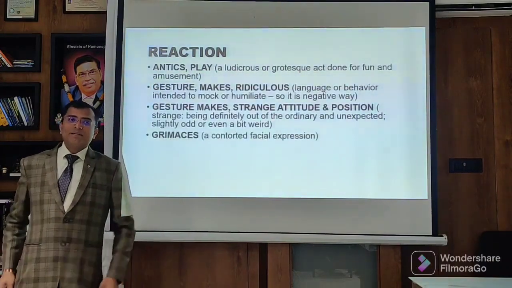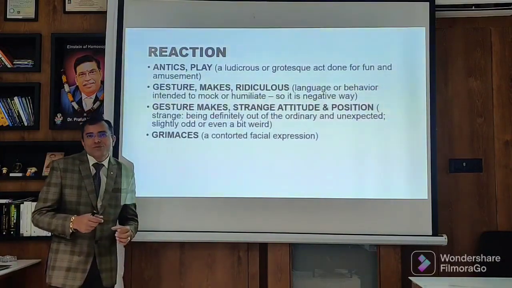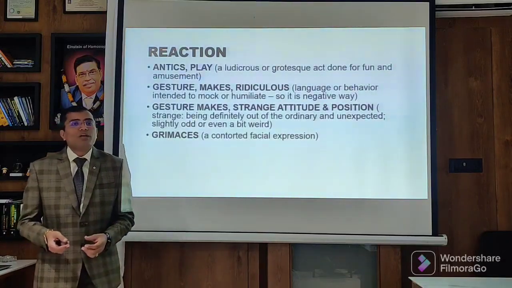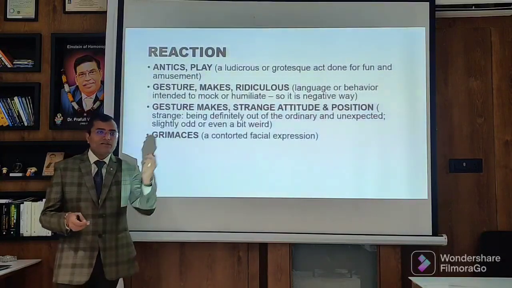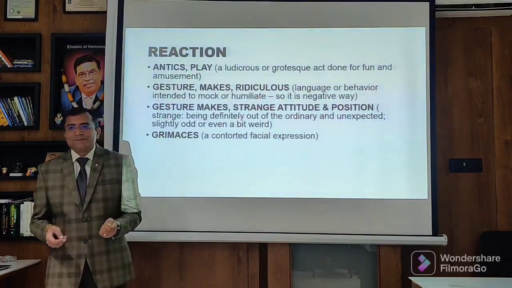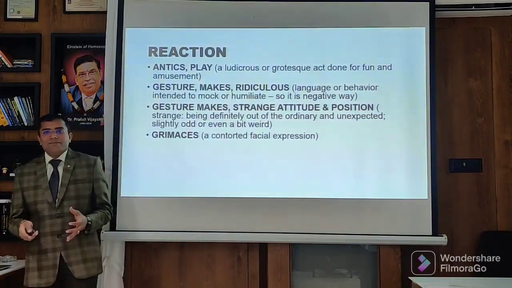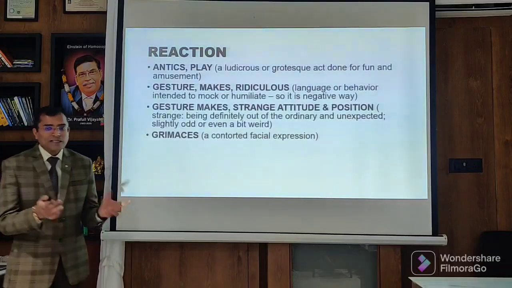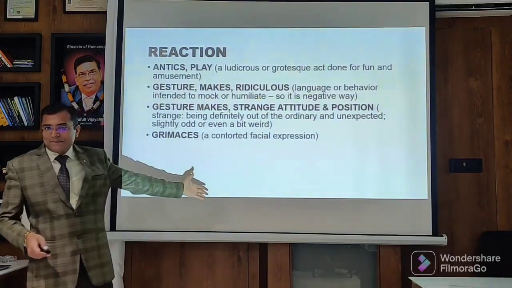Grimaces. What is grimaces? The facial expression has been changed. That is grimaces. You know, pout, like this. These are grimaces. Most of the time the selfie lovers are doing like this. Okay? And Snapchat. In Snapchat they make some different faces. Contorted, distorted facial expression. So that is called grimaces.